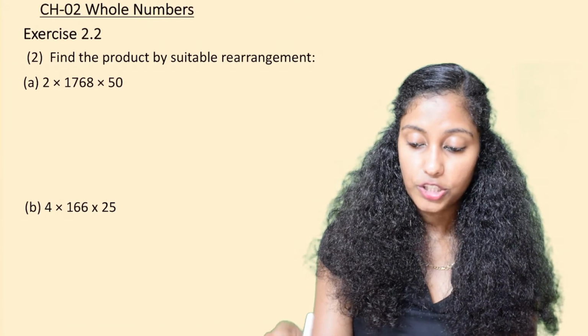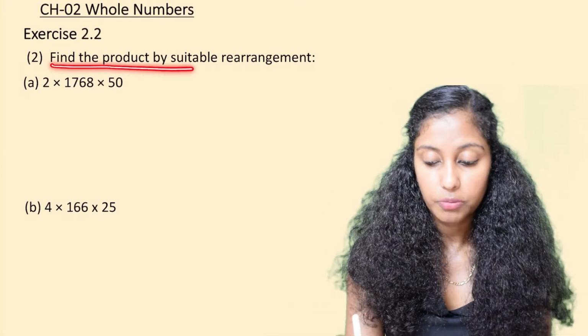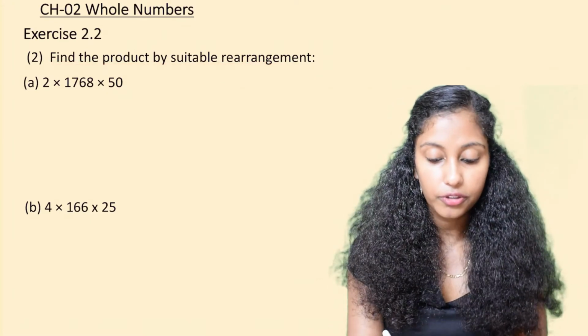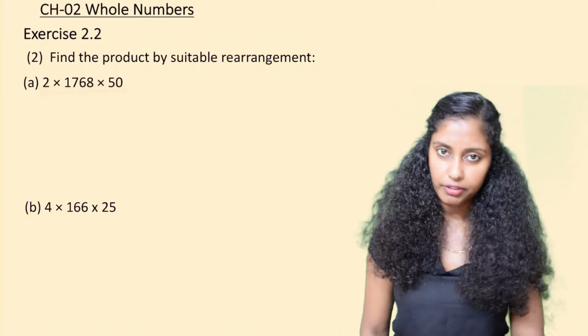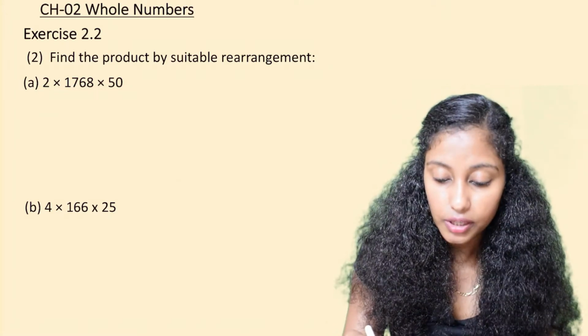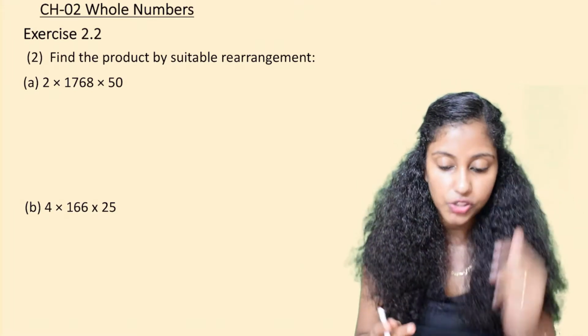Next question, here they have asked us to find the product by suitable rearrangement. The first question is 2 multiplied by 1768 multiplied by 50. Here again we'll use the associativity property of multiplication so that we get our answers quickly.